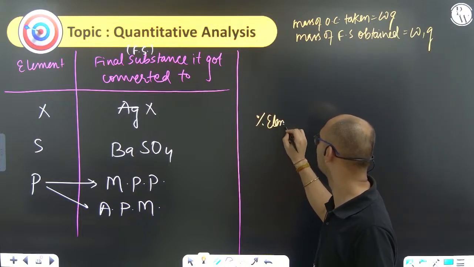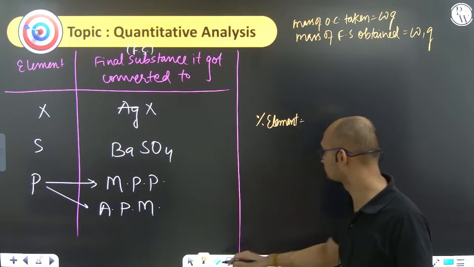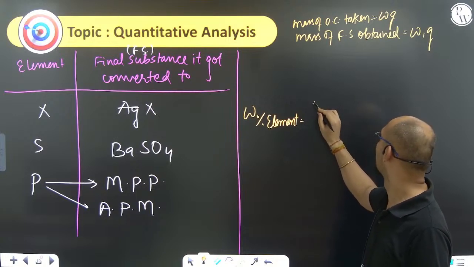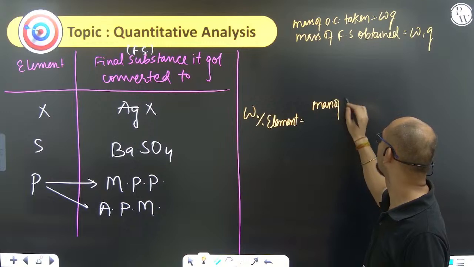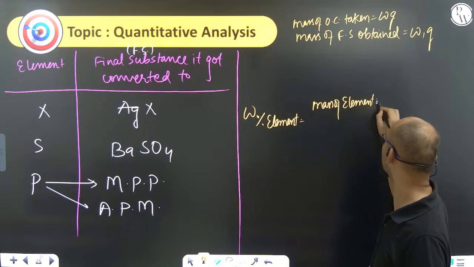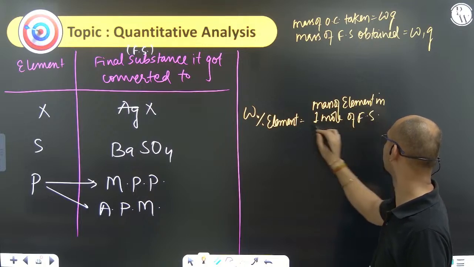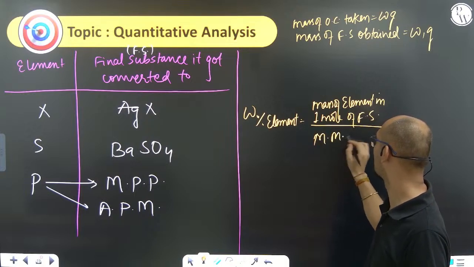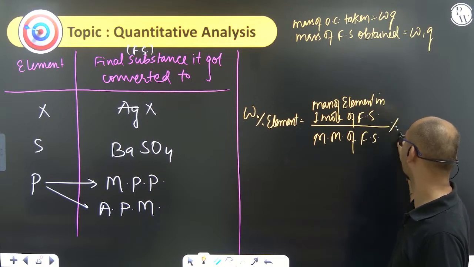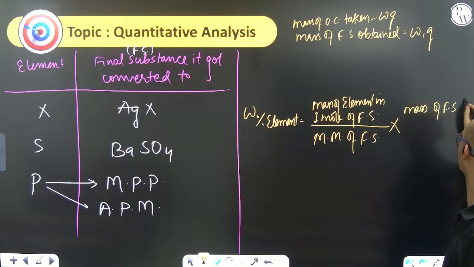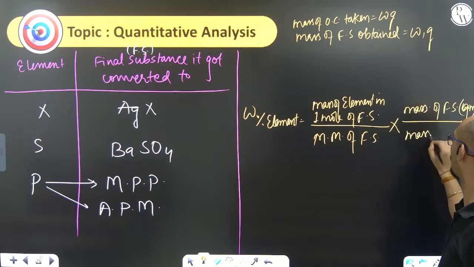Mass percentage of element will be equal to mass of element in 1 mole of final substance divided by molar mass of final substance, multiplied by mass of final substance obtained in gram divided by mass of organic compound, multiplied by 100.